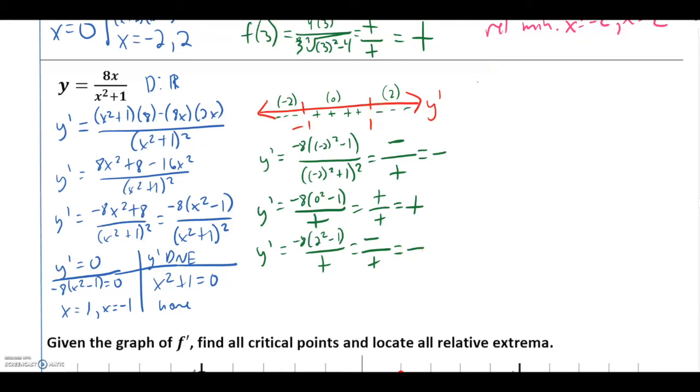And let's once again break down all of our key information. This y function is increasing when its derivative is positive, so from -1 to 1.